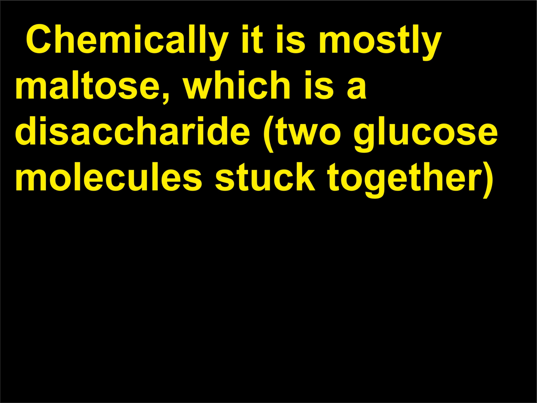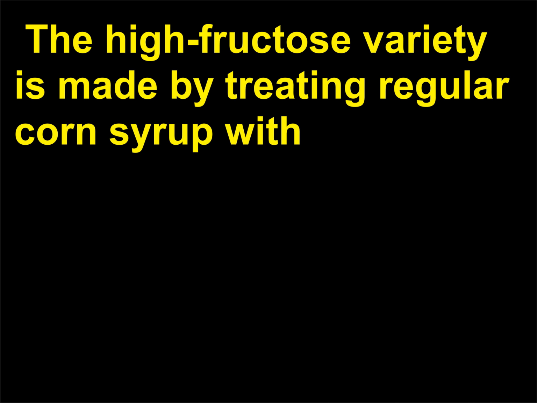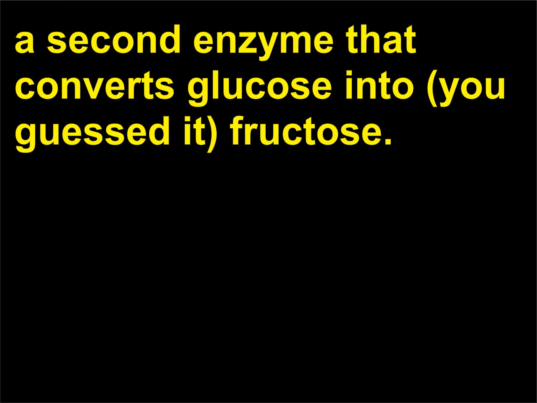Chemically it is mostly maltose, which is a disaccharide, two glucose molecules stuck together, along with a small amount of larger chains of sugar molecules, oligosaccharides. The high fructose variety is made by treating regular corn syrup with a second enzyme that converts glucose into, you guessed it, fructose.